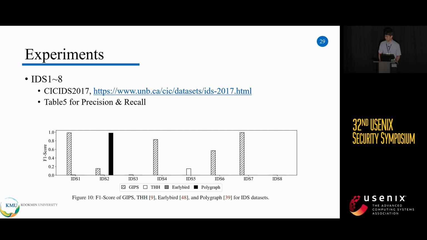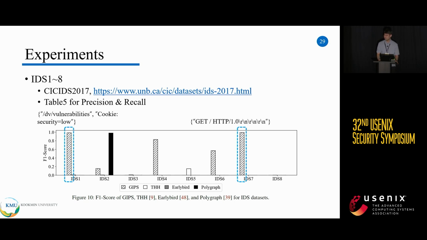Next, here are the experimental results with IDS datasets. GIFs can solve the false positive problems that other schemes cannot solve, resulting in GIFs achieving a high F1 score. As shown in the blue box, two suspicious strings are generated from the IDS1. For IDS1 and IDS7, GIFs not only generate objective signature groups, but also resolve the false positive problems perfectly.